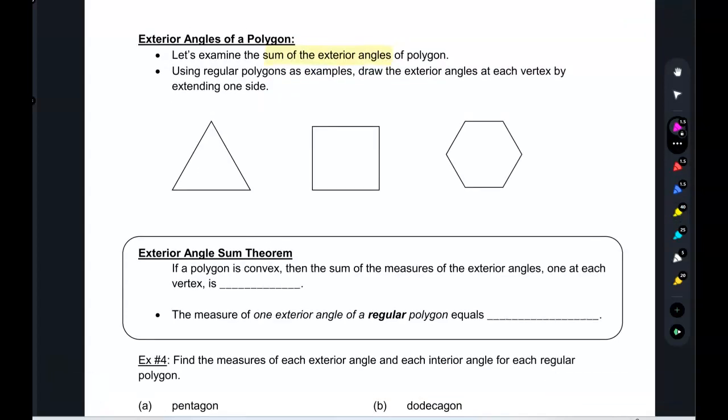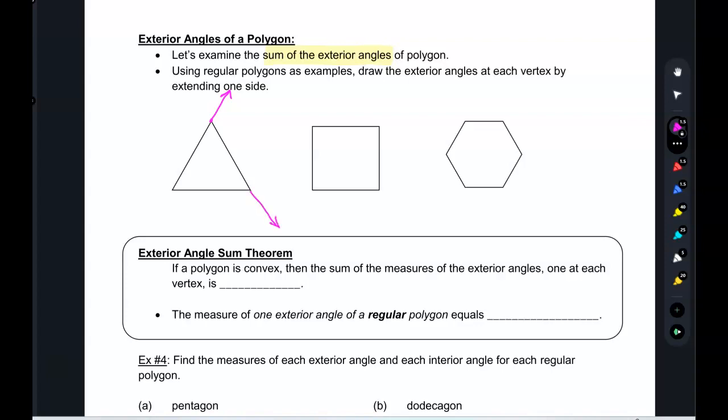And for these, we're just going to assume these are all regular just to make it a little easier. So from each vertex, I want you to extend one side. So here's one exterior angle. Now I'm just going to go around. So now I'm going to go to this vertex and I'm going to extend that side.